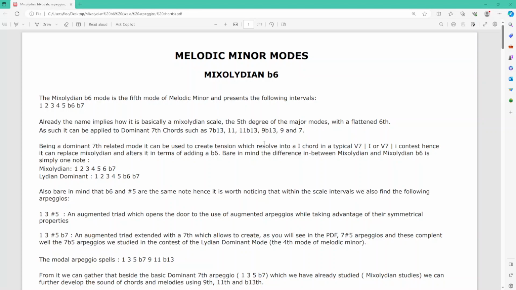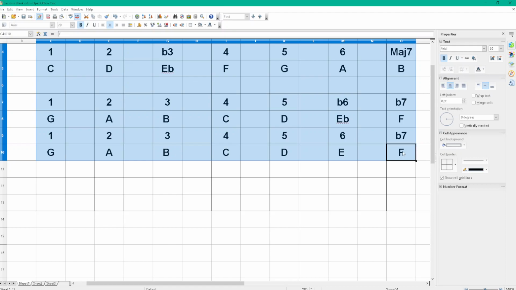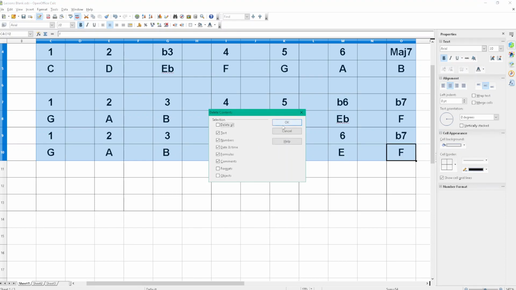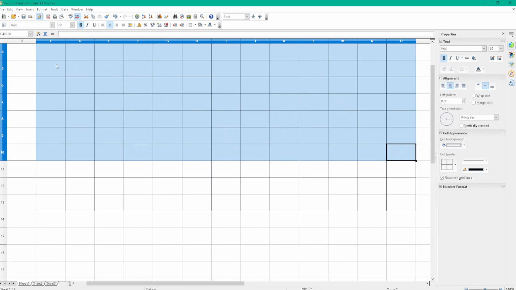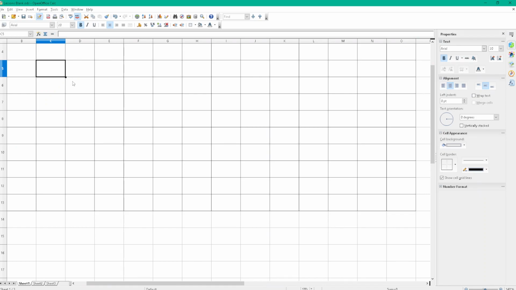And you might already ask, okay, why 11, why 9? We know about the flat 13, obviously, because we just mentioned it. Let's have a look. So I'm going to delete this for a second, and let's look now at G Mixolydian flat 6 as a scale: G, A, B, C, D, E flat and F. This is obviously the horizontal structure.